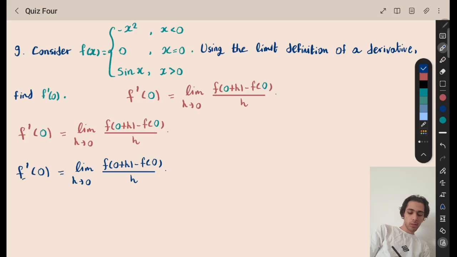Here I put a minus, here I'll put a plus. This will be a limit h goes to 0 positive, and this will be h going to 0 negative. Then 0 plus h is just f of h, minus f of 0, and then we're dividing by h.